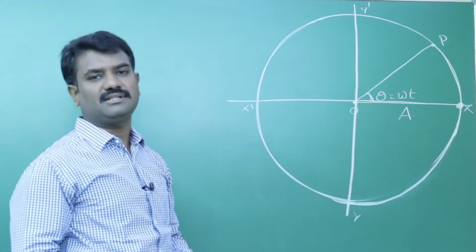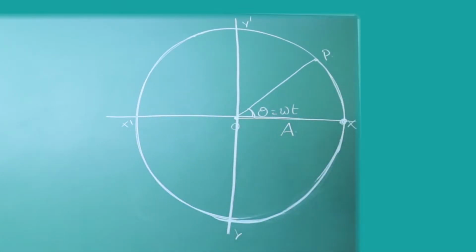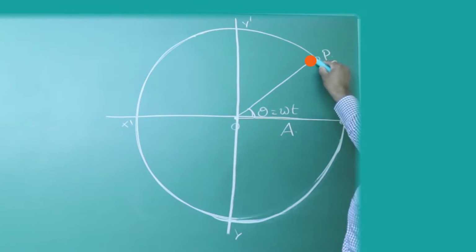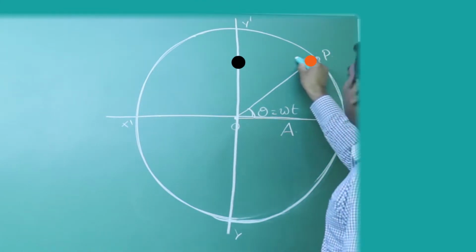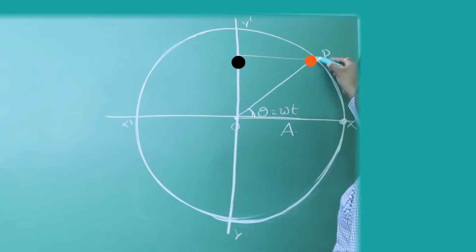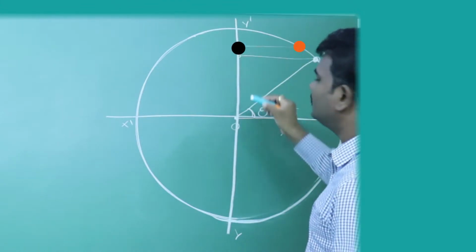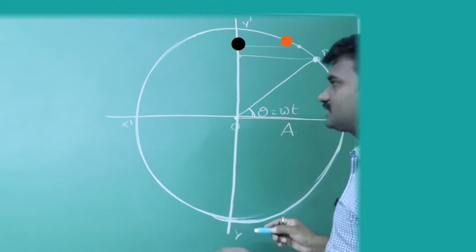How to see the projection? For example, keep a torch in this direction and observe the shadow of our object. If a torch is kept here, where does the shadow of this object fall? The shadow falls here when the object is here. After some time, the particle reaches this point, then the shadow falls here. The shadow is nothing but our projection.